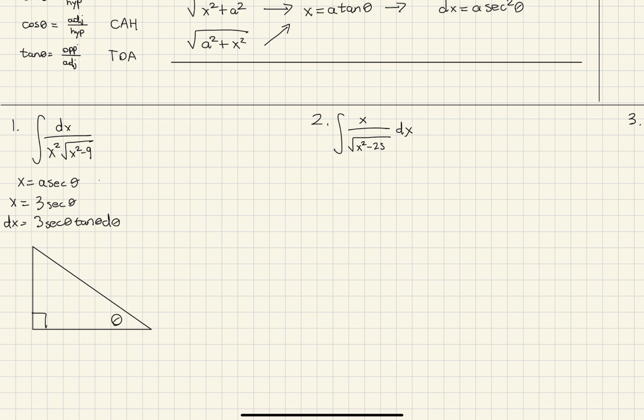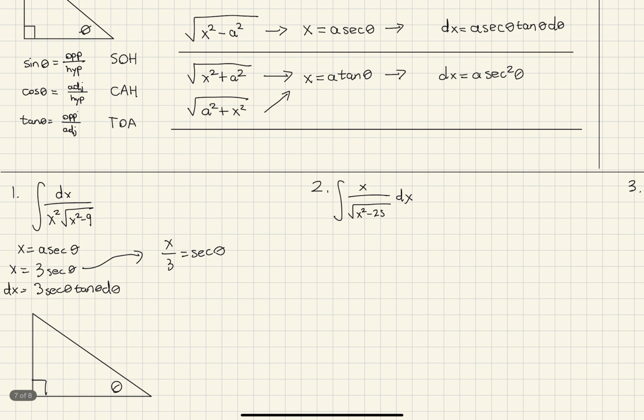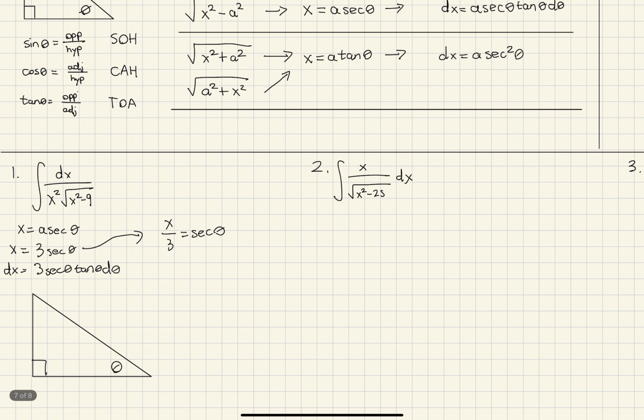So from here, we should break it into the cosine value, because secant is just the inverse of cosine. If we do the inverse of cosine, I just flipped it. So now we have adjacent over hypotenuse.